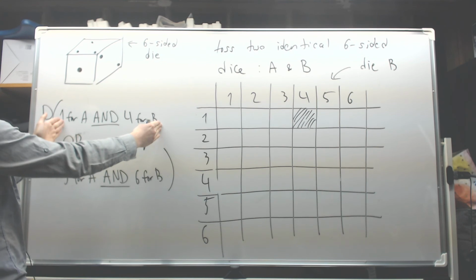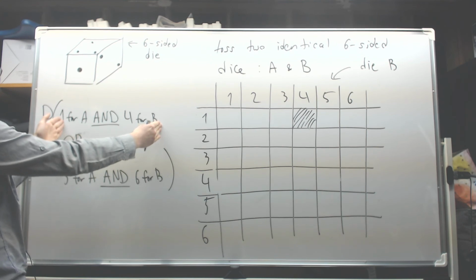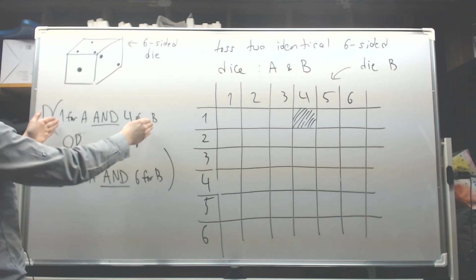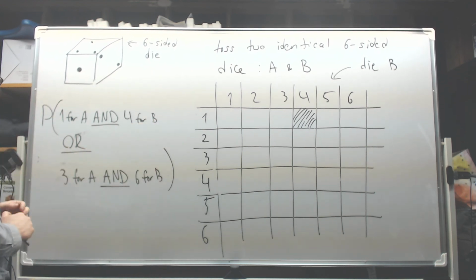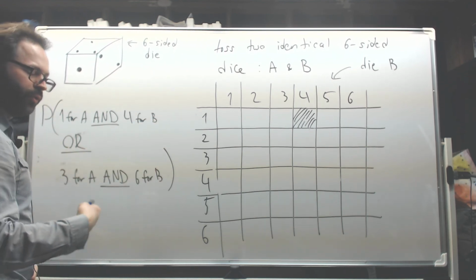They represent joint probabilities. But the or says more than one joint probability, more than one joint inference will satisfy what we're asking about.